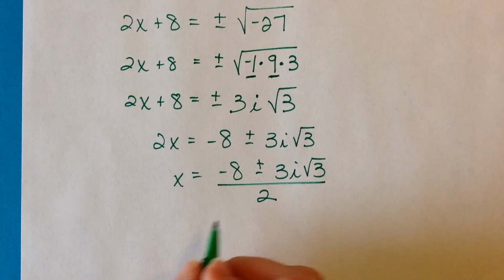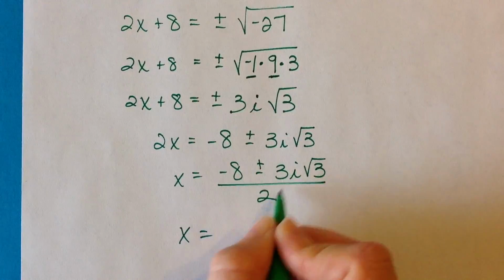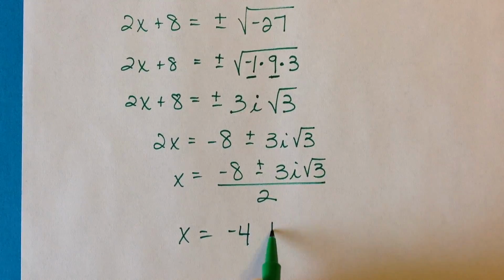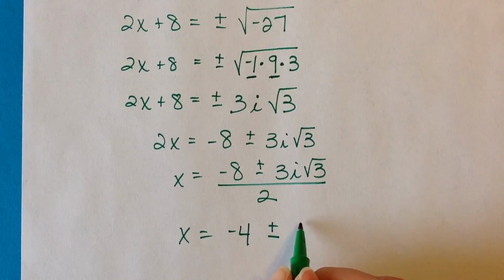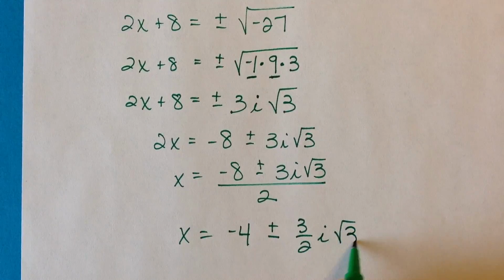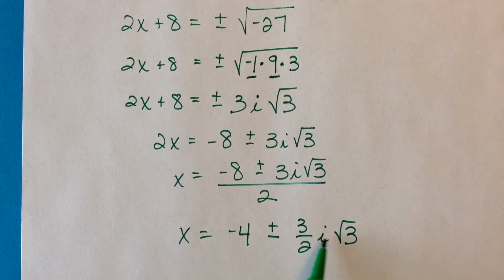Some textbooks have you go ahead and divide the two terms. So for instance, dividing here would give you negative 4 plus or minus, and then you could have 3 halves i square root 3. A lot of the times they'll go ahead and write it this way. Now if you leave the i square root 3 on the top here with this 3 all over 2, then that's perfectly okay.